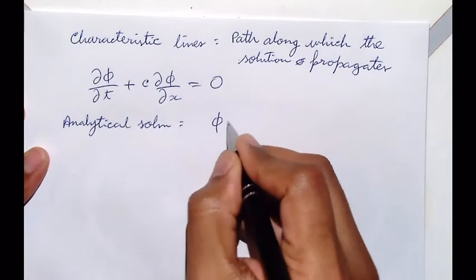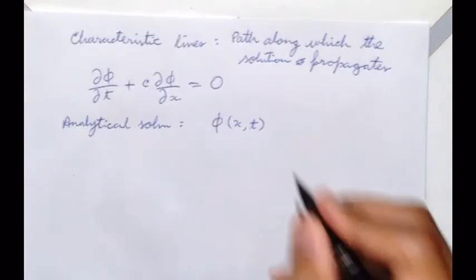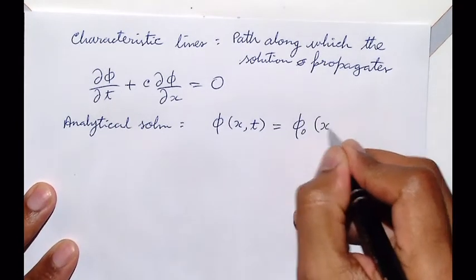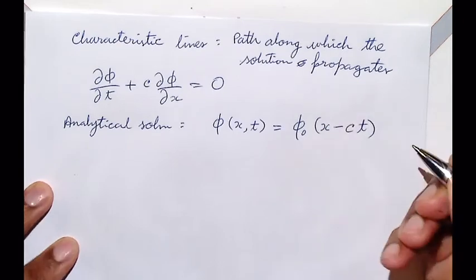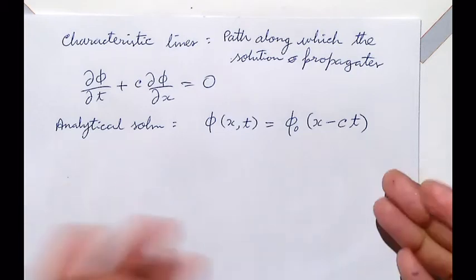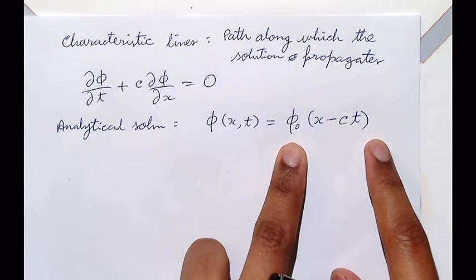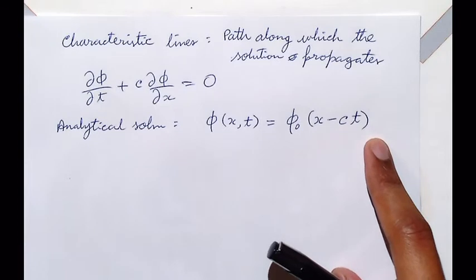If you want phi at any x comma t, that's the solution of the PDE, you basically look at the initial condition and what happened to it at x minus ct. Intuitively, this is just saying that whatever profile I start with will just keep getting advected without any change to the shape.